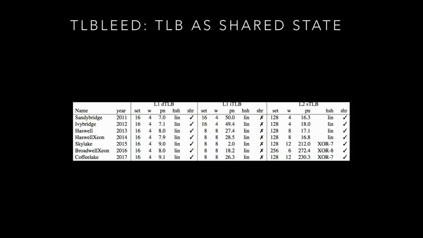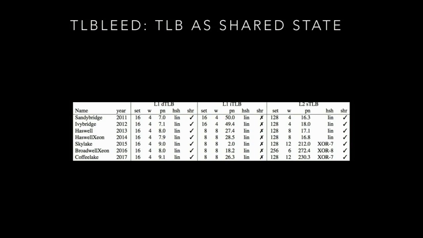So here's a little summary of all these properties of the TLB that we reverse engineered, looking at different microarchitectures. So what we see, I think the most interesting thing is the hashing function. For the L1 TLB it is linear everywhere. The DTLB is shared everywhere. The ITLB is shared nowhere. And the L2 TLB has a huge number of sets.